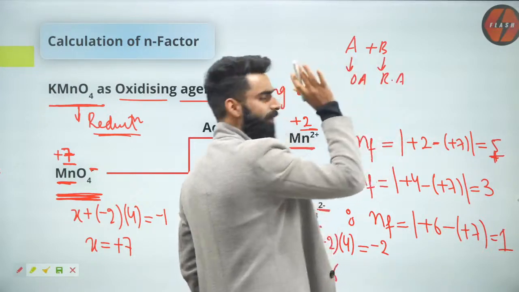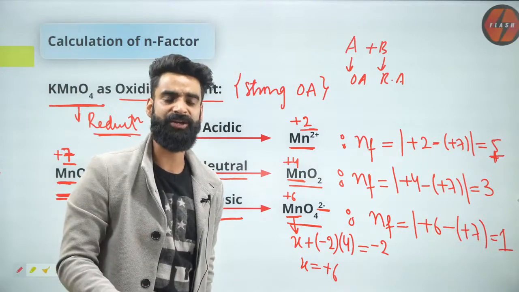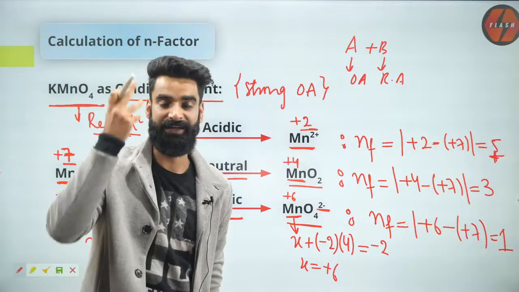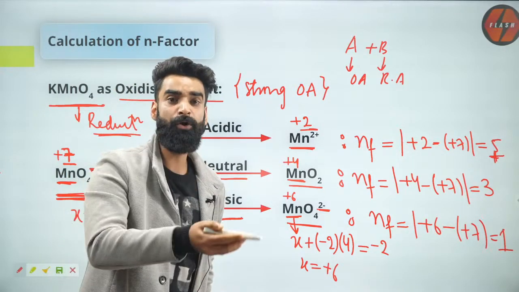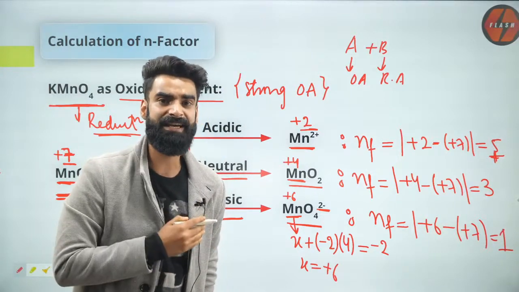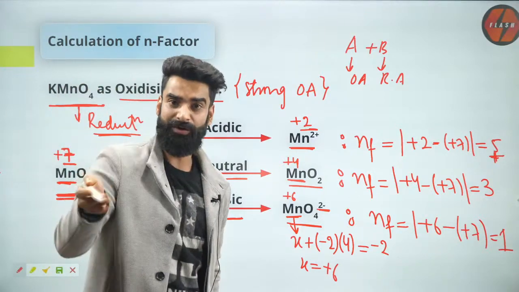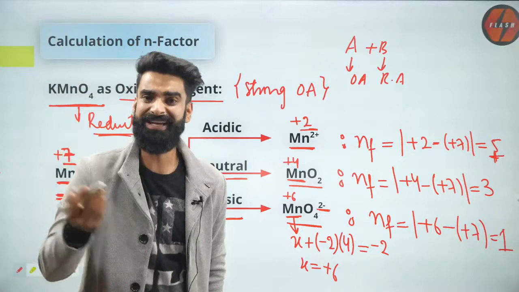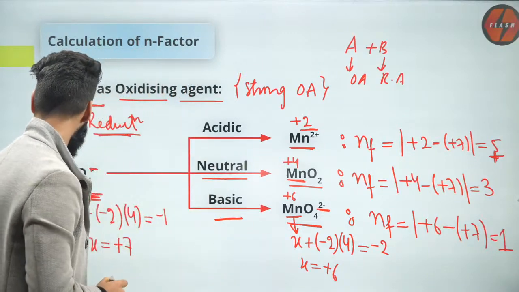One will be the oxidizing agent, one will be the reducing agent. If in a reaction KMnO4 is participating, and KMnO4 in acidic medium, basic medium, as well as neutral medium is acting like the oxidizing agent, so the other one which is going to react with this KMnO4 should itself act as the reducing agent, right?